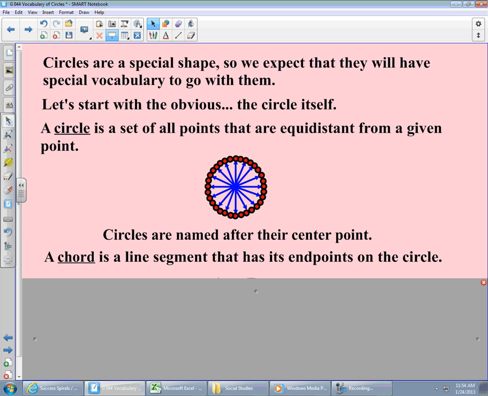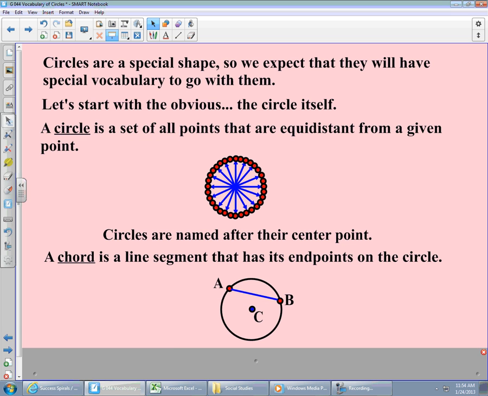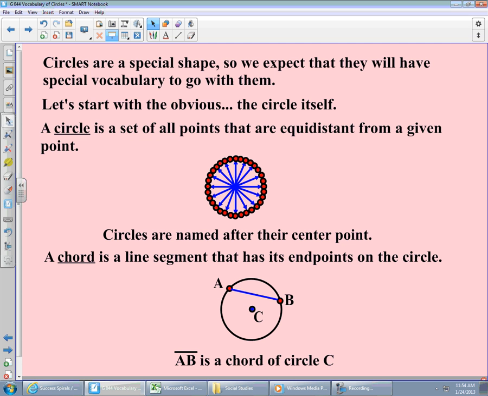Specifically, a chord is a line segment in a circle, and it has its endpoints on the circle. I'm providing you with a diagram of one, obviously. A line segment that has its endpoints on the circle.